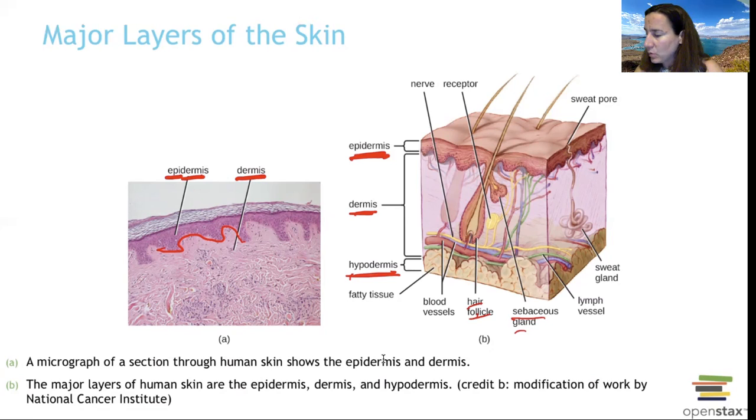We have sweat glands coming out, those eccrine glands. We talked about lymphatics, we talked about blood. And then down below that would be the fat and the hypodermis. And here are our nerves and different receptors. There were lots of different types of receptors, from Meissner's and Pacinian corpuscles and tactile discs and all that stuff that we learned before. Those are here in that dermal layer.